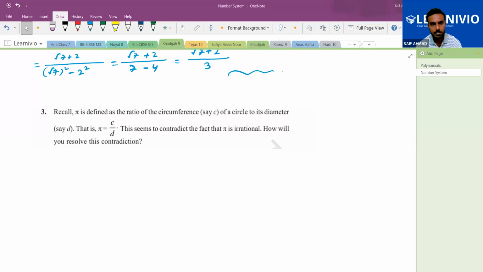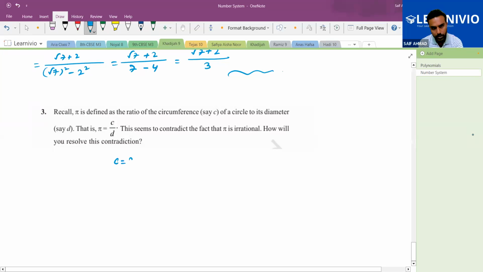Pi is defined as the ratio of the circumference of a circle to its diameter. You know that? Because what is the circumference of a circle? 2 pi r. You know this formula?